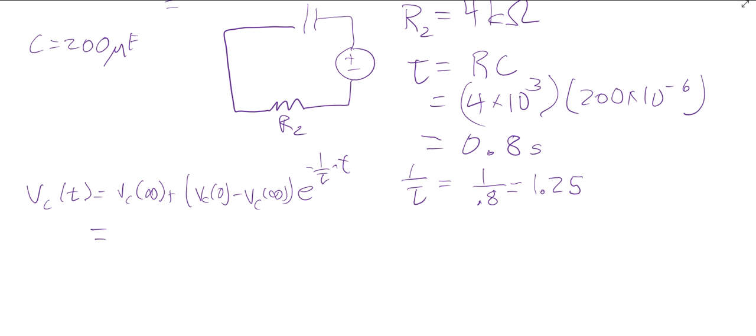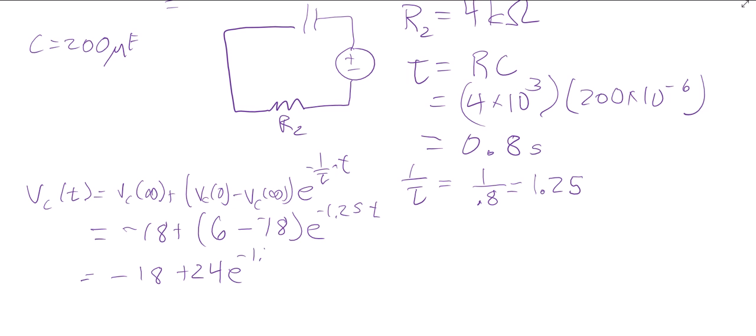Vc at infinity was negative 18, plus Vc at 0 was 6, minus negative 18, e to the minus 1.25 t, or negative 18 plus 24 e to the minus 1.25 t, and our units are volts.